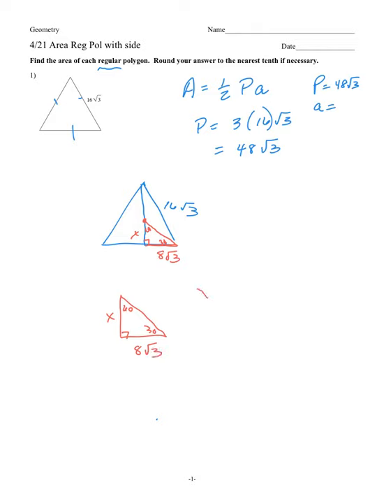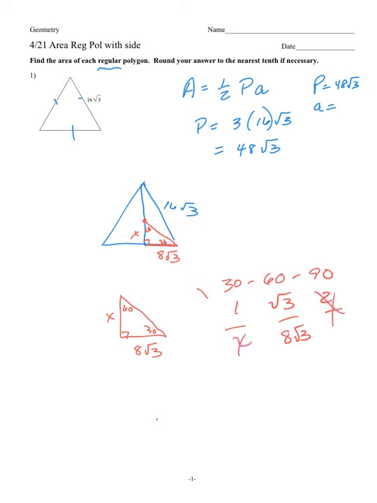What we're going to do is we're going to do 30, 60, 90, 1 root 3, 2, like we did a few months ago. The 8 root 3 goes under here, and then the x goes under the 30.